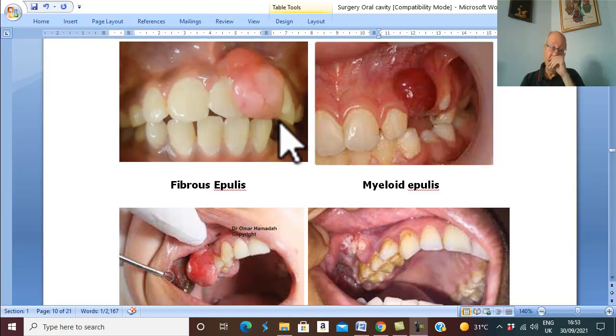Therefore, excision of this fibrous epulis is with a wide base of mucoperiosteum.